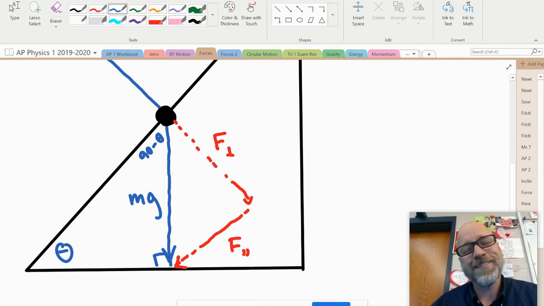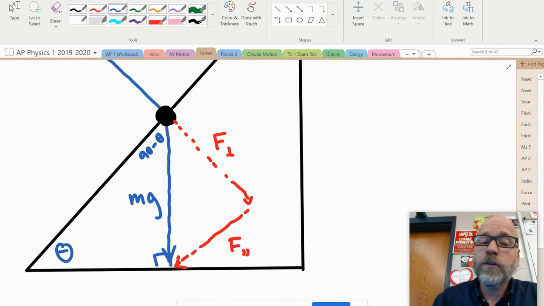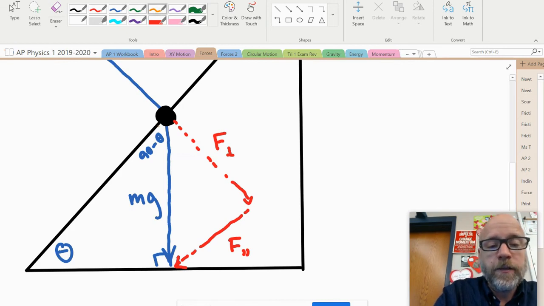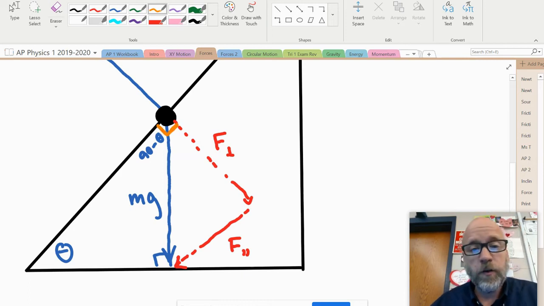Oh, that was so much easier. Now, if that angle is 90 minus theta, take a look at the force perpendicular vector. That force perpendicular vector is clearly 90 degrees from the surface because it's perpendicular, that's what it's called.